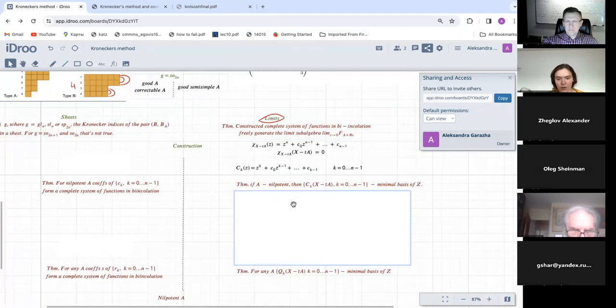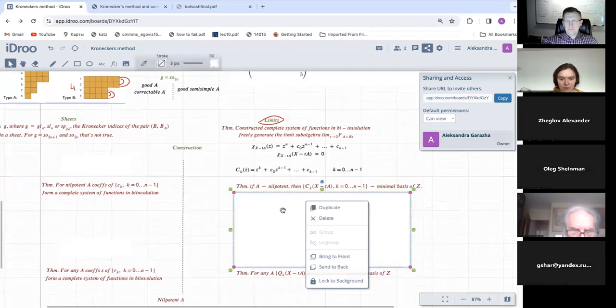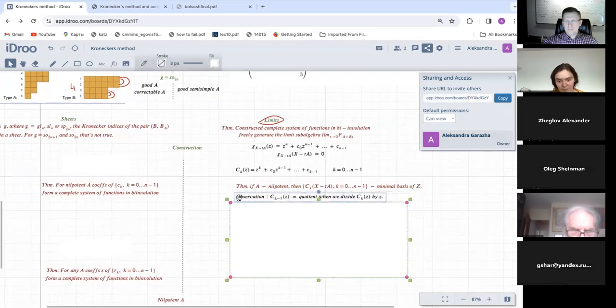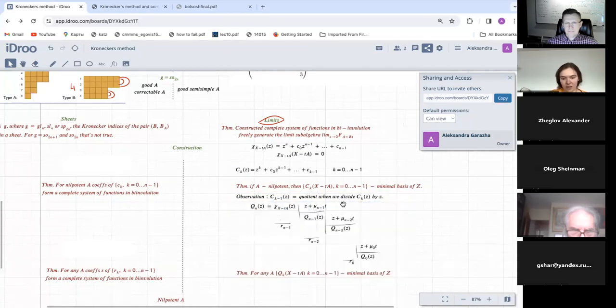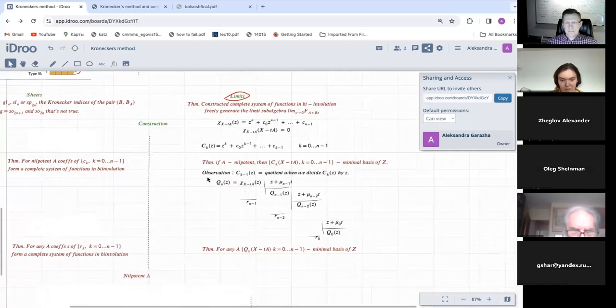Then the idea was how we could generalize this result, and there was this observation that these shortened characteristic polynomials we can obtain by induction, when we divide the characteristic polynomial with a remainder by z. So I obtained this inductive method for obtaining similar polynomials.